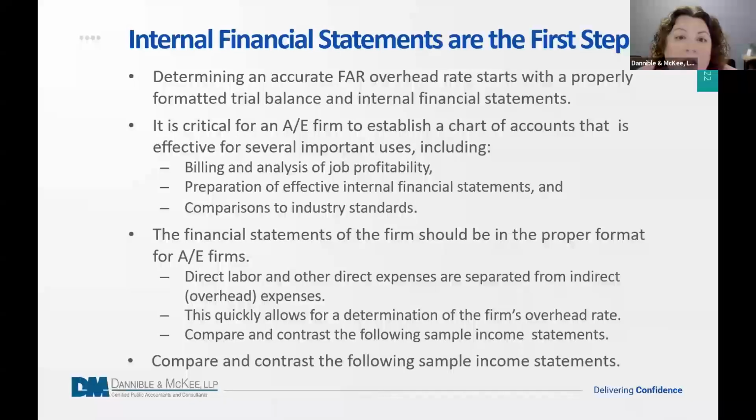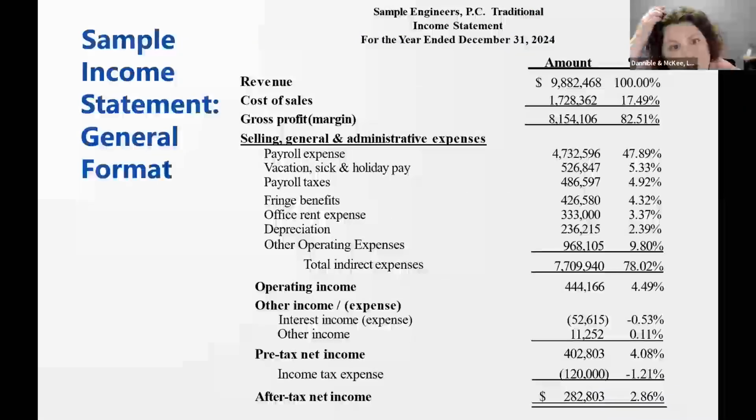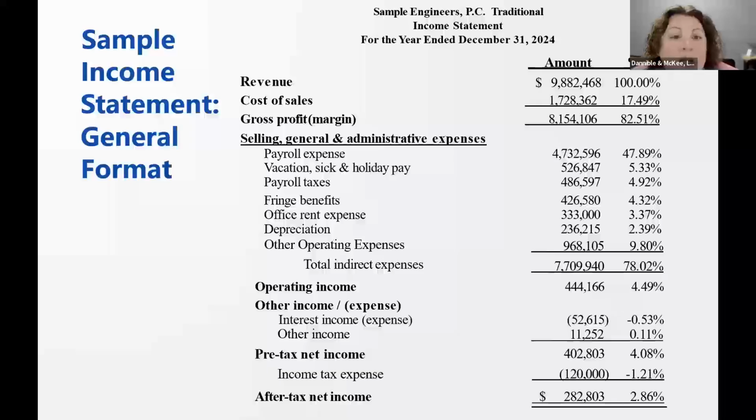But most importantly, if say a Department of Transportation or the DCAA was to come in, they would be looking at your accounting ledger and ensuring that your direct costs are segregated. Some of your financial statements, your income statements, might look like this. Your typical revenue, less cost of sales, is your gross profit, less your selling, general and administrative expenses.